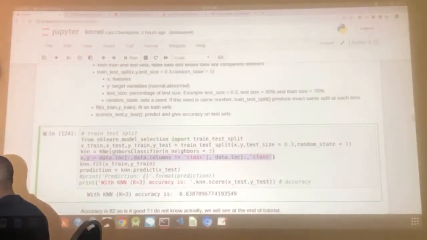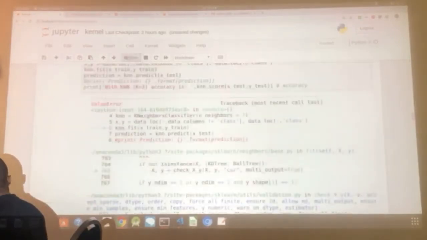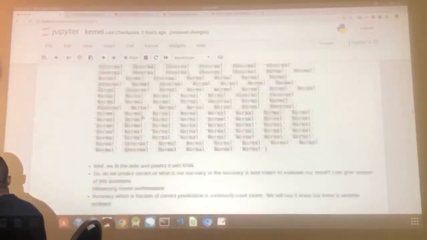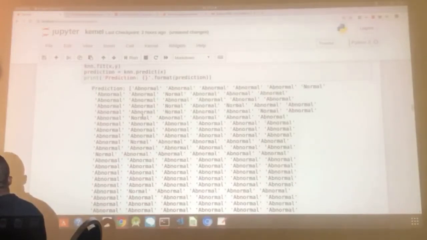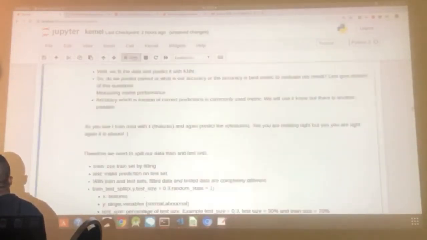And I just kept on changing the numbers and it kept on giving me the highest accuracy. What number should I choose? 7. Let's see. Okay, something's crashing. I need to run this.